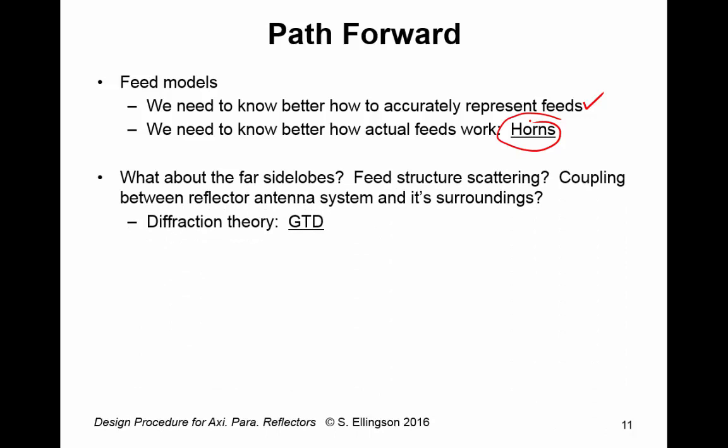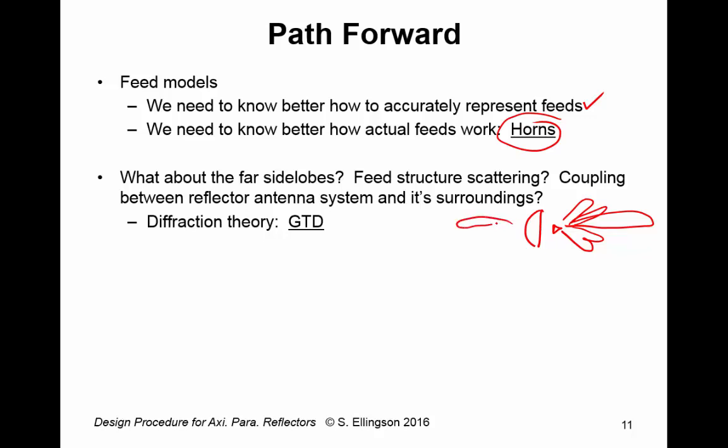Also, I've completely bypassed the issue of the far side lobes. Remember, when we have a reflector antenna system, there's a reflector, there's a feed, we get a main lobe, we get the first few side lobes, and those are things that the method of geometrical optics aperture integration or physical optics surface integration do a good job with.